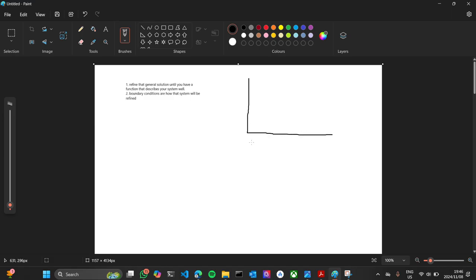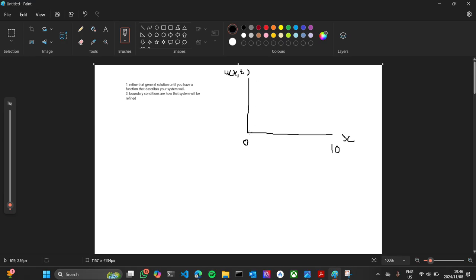So first, we're going to draw our particular system. It said you've got a string that is between 0 and 10. So this is your x, and then here is your u of x of t.